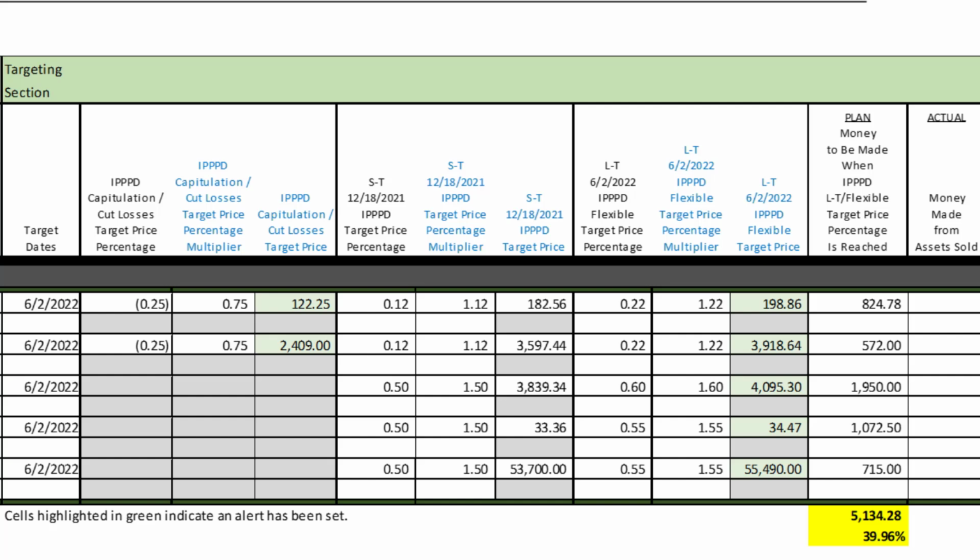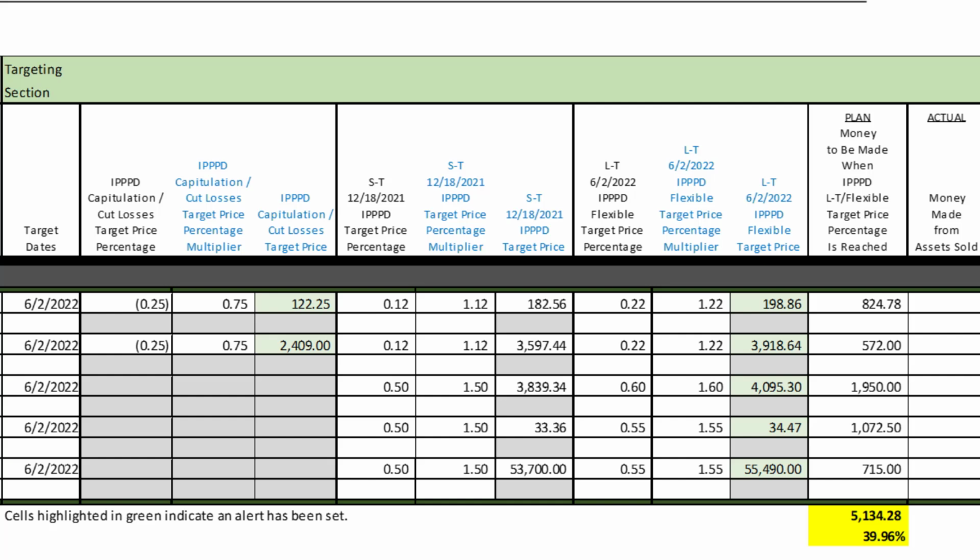And Bitcoin's 50% target percentage plus 5% equals its 55% flexible target appreciation percentage, or 1.55 multiplier for a flexible profit target price of $55,490.